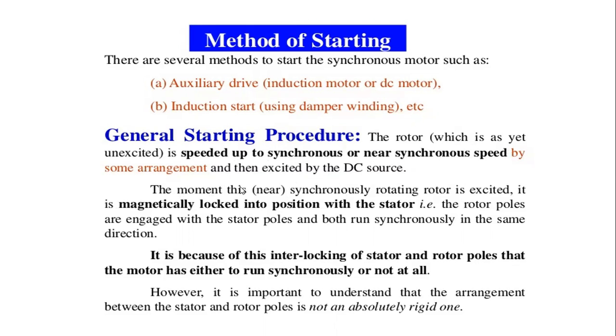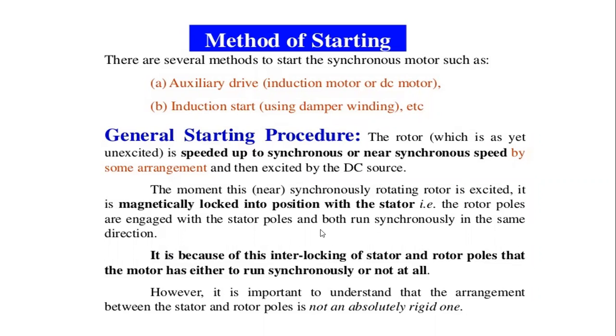Therefore, the moment this synchronously rotating rotor is excited, it is magnetically locked into position with the stator. That is, the rotor poles are engaged with the stator poles and both run synchronously in the same direction.